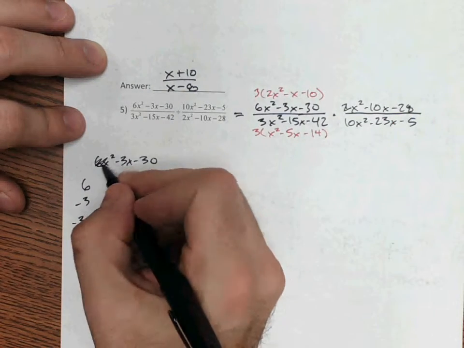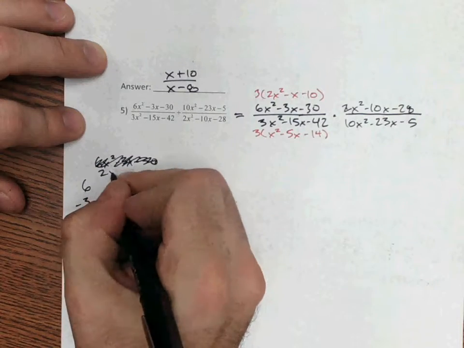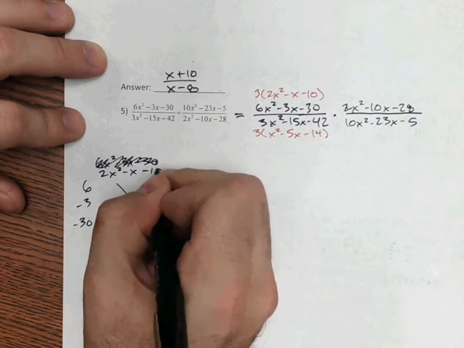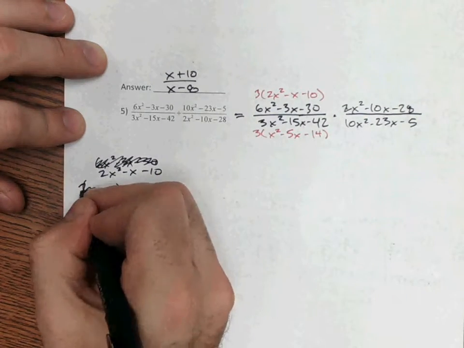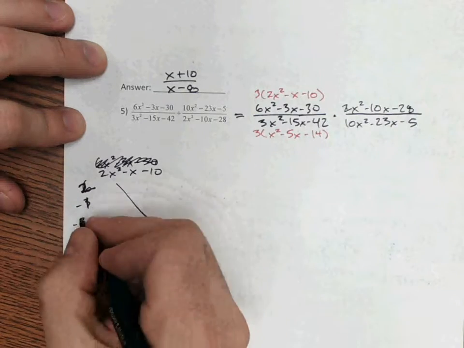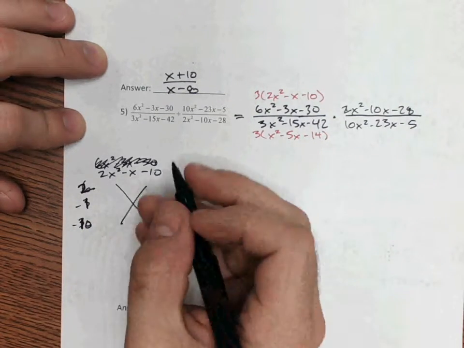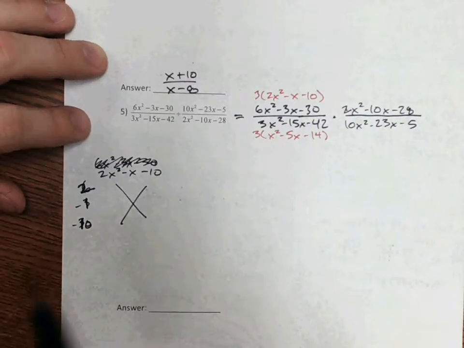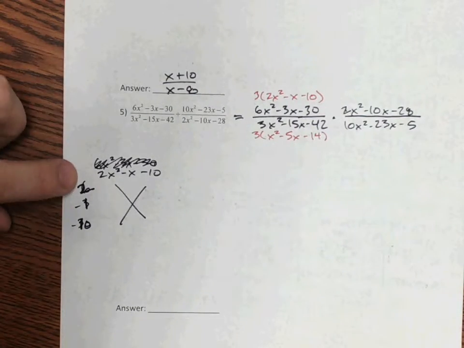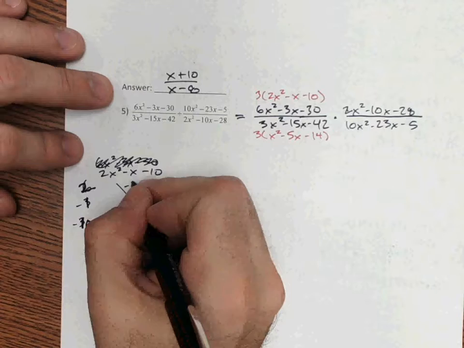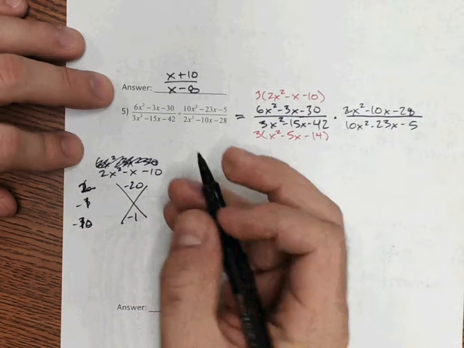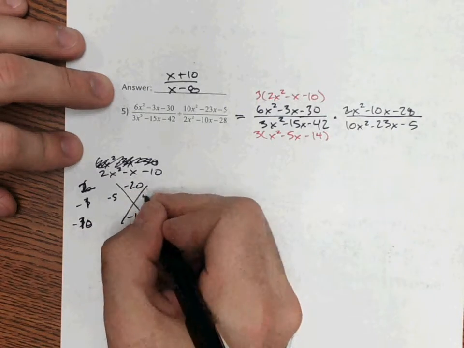So let's try that again. 2x squared minus x minus 10. This will be 2, negative 1, negative 10, which means I'm looking for, let's see, negative 2 times negative 10 is negative 20, and negative 1, that's going to be negative 5 and positive 4.